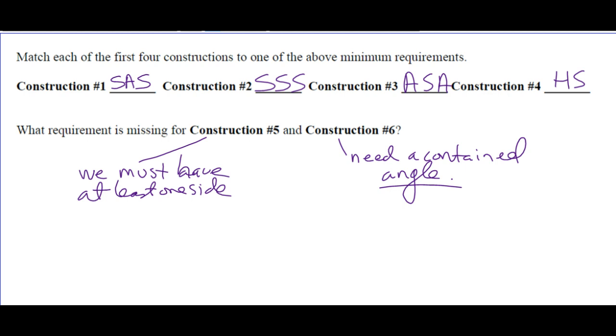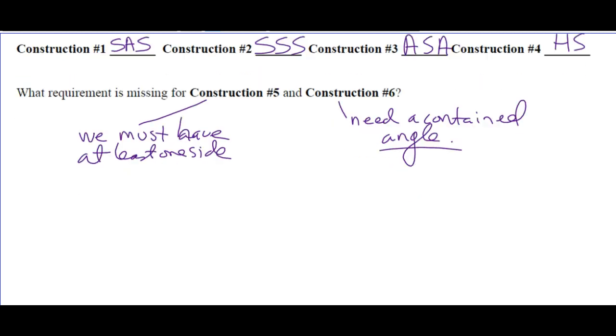And when we study trig, there's something called the ambiguous case of the sine law. We won't do that in 20-2, but if you go on to do 20-1 or 30-1, when we do the sine law, if we don't have a contained angle, you can get a couple of different answers.